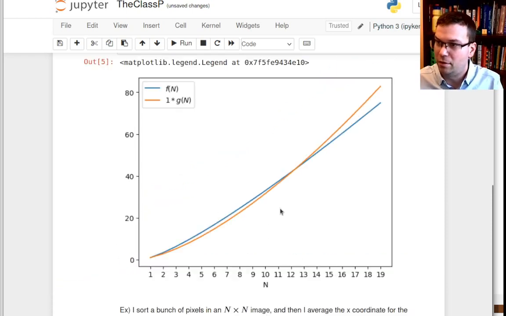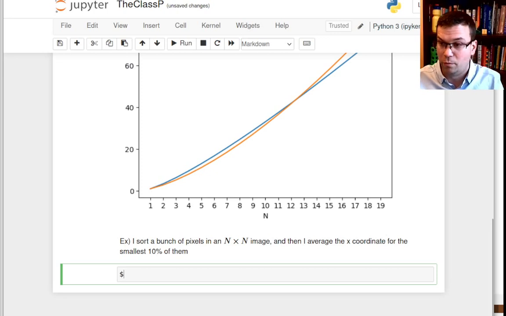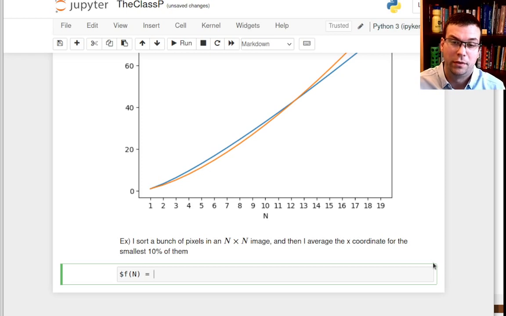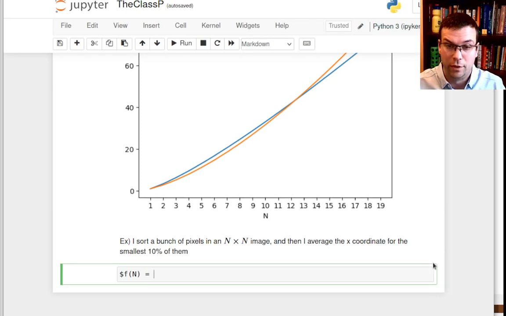Now let me bring it into a practical setting where I can come up with a timing function. So f(n) now specifically represents the number of operations that I have to do. If you study algorithms, you know that to sort n times n objects, it takes the number of objects times the log of the number of objects for comparison-based sorts. So that would be n squared log n squared.